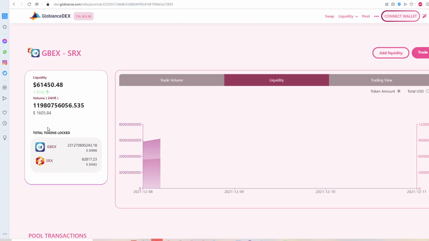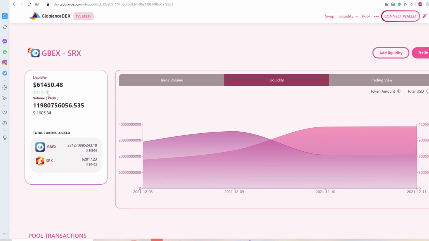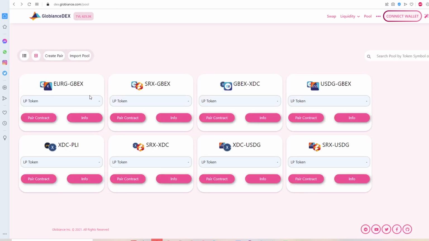The other strategy is to go to a smaller pool like that one and put liquidity in. There are fewer trades going on, but if trades happen, you get a much bigger part of the pie of the 0.3%. So it's whatever you think gives you more in the end.